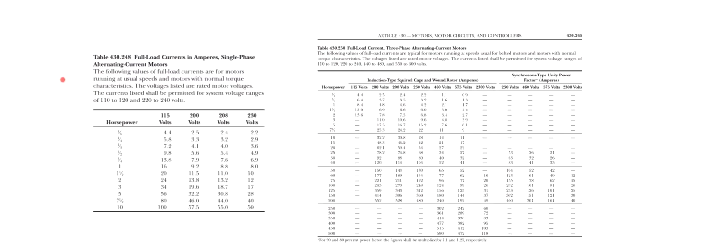Now, when we come down to this table, on the left-hand side, you'll see the horsepower of the motors. And then you'll see voltages across there. Now, if you read this, the currents listed shall be permitted for a system voltage ranging from 110 to 220. So that's why they're giving you 115. So some people call it 110 volts.